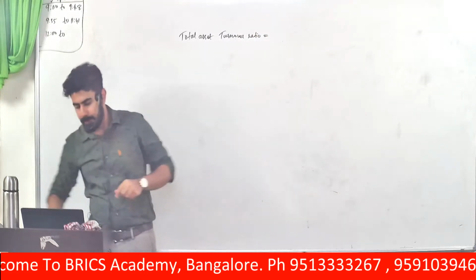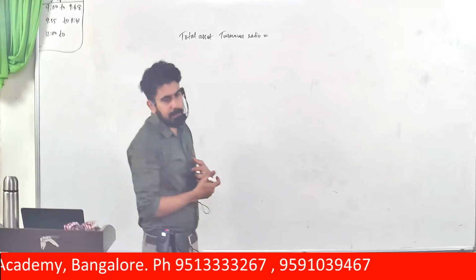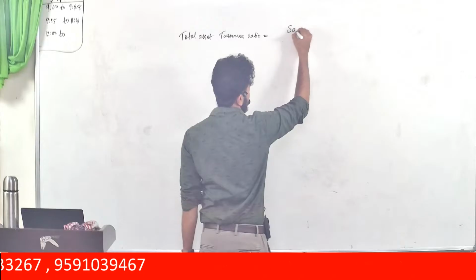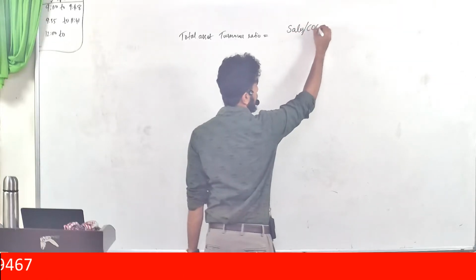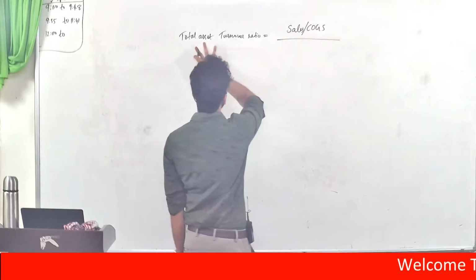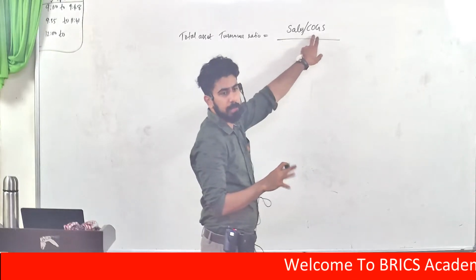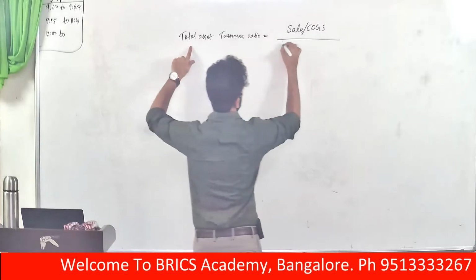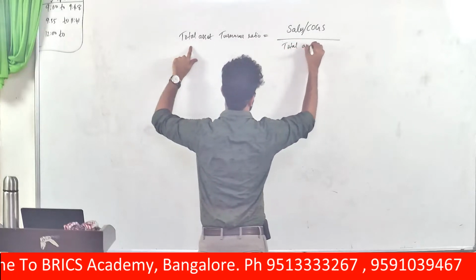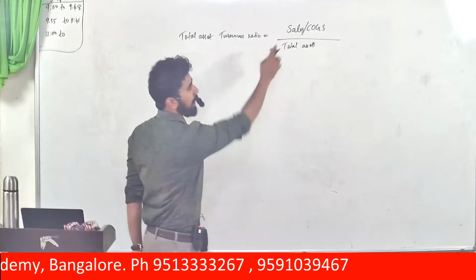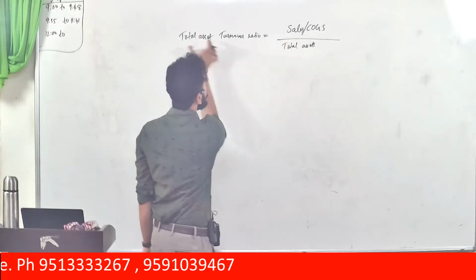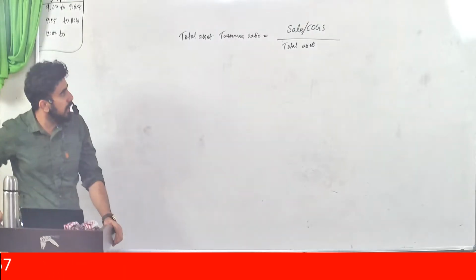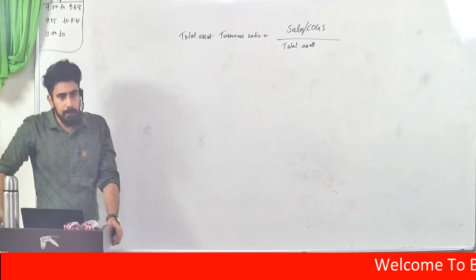Any turnover ratio is sales divided by that item. All turnover ratios will have either sales or COGS in the numerator, and in the denominator whatever name they give you. Here you have total assets. So total asset turnover ratio is basically sales or COGS divided by total assets.